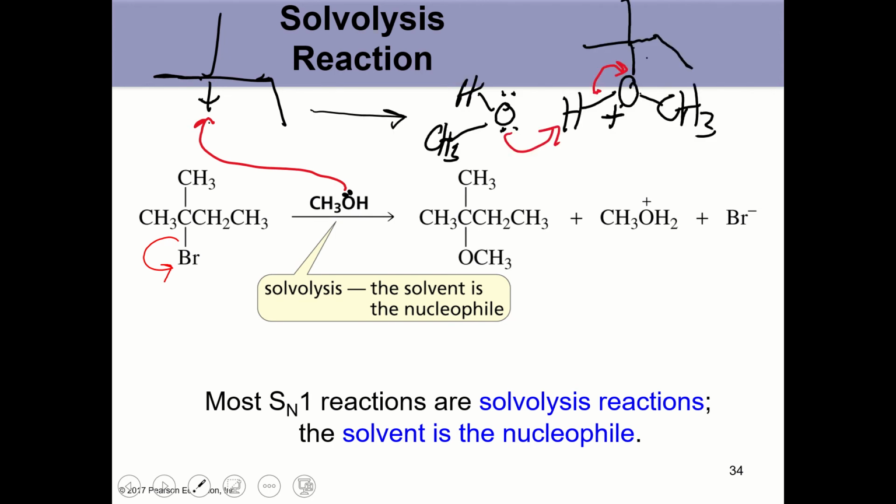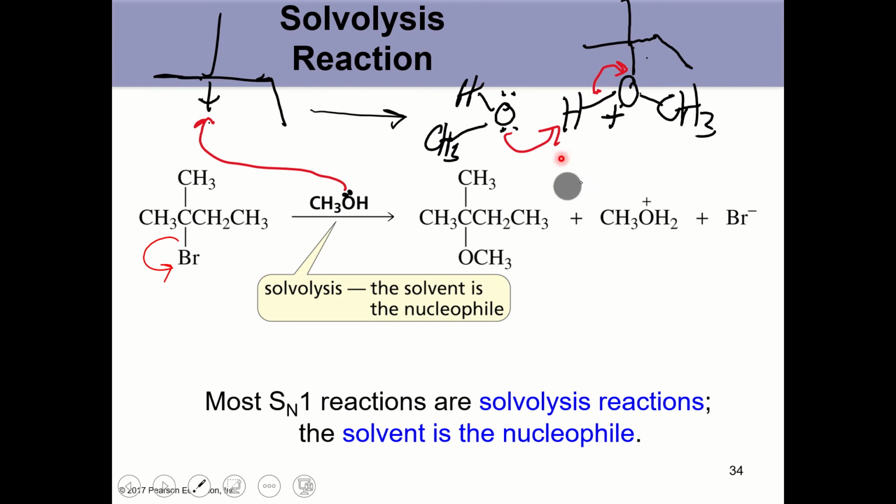That will produce this protonated alcohol product, or protonated ether product, so that the alcohol oxygen is now bonded at the carbon that was positive, but that oxygen still has bonds to hydrogen and the methyl group. In the final part of the reaction, we made an ether.